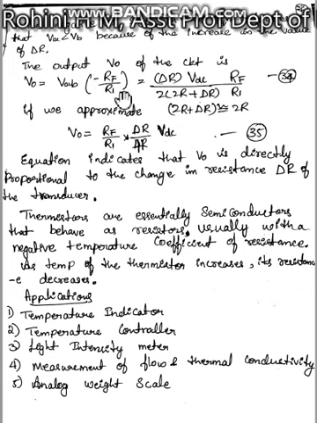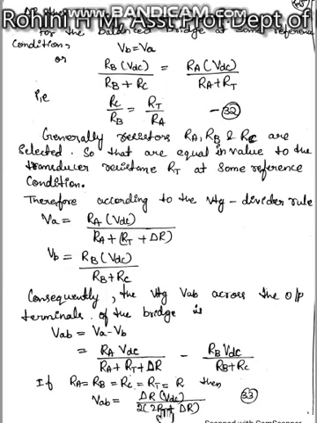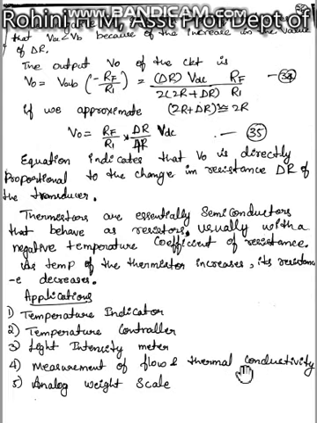So the output voltage is given by VAB into minus RF by R1. If we substitute minus RF by R1 into this expression, then we approximate this, if delta R is small compared to 2R, so that 2R plus delta R is approximately 2R.